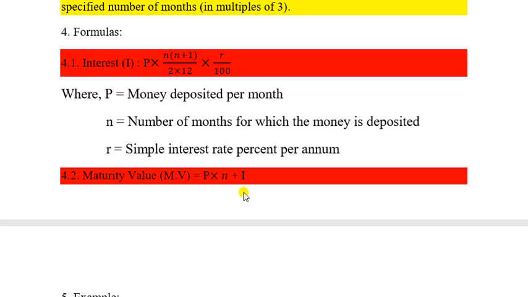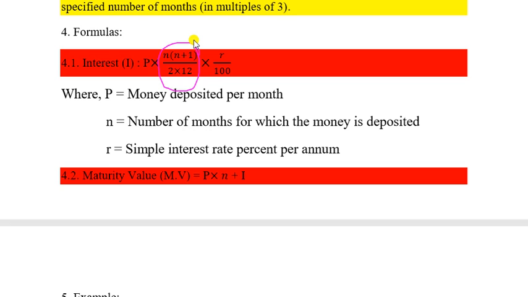But see, in place of T here I have written N into N plus 1 by 2 into 12. You should remember, this is very important, because for this kind of account we have to calculate our deposited amount after every month, not after every year, after every month. So it is very important.